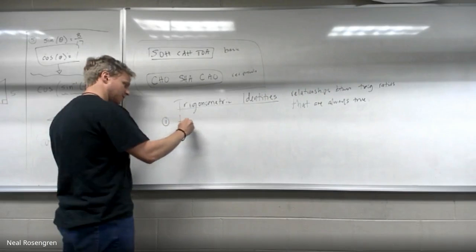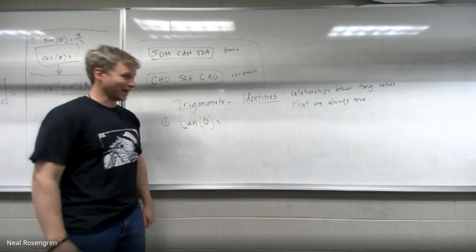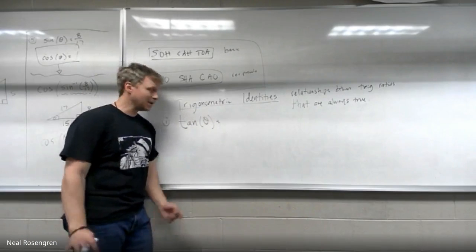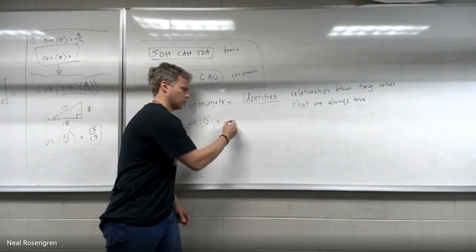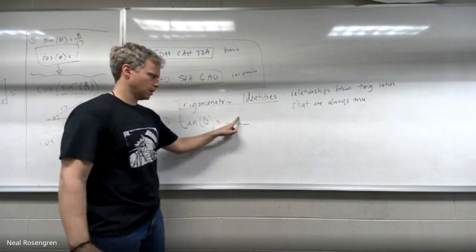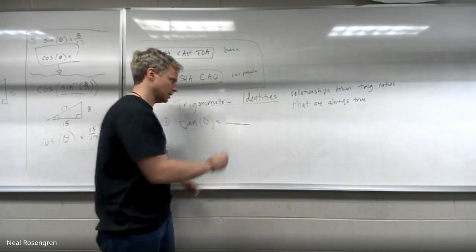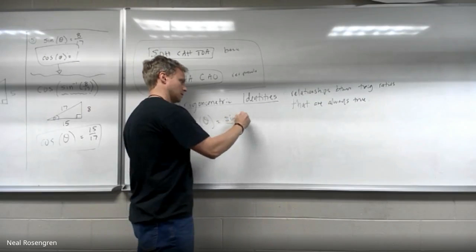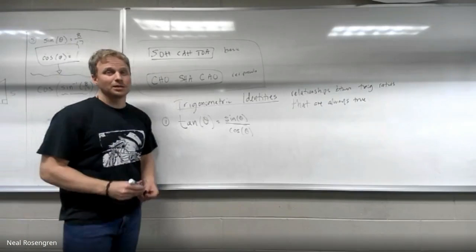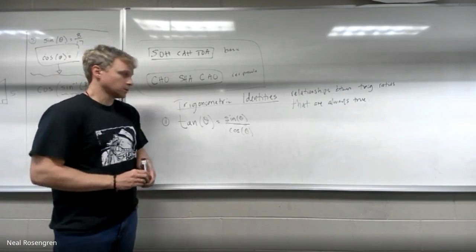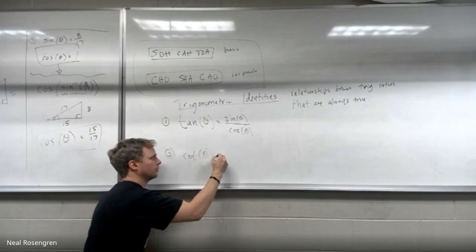And if tangent of theta is equal to y over x anywhere, and sine is y, and cosine is x, well, then tangent of theta is always sine over cosine. Always, always, always. And cotangent is just the reciprocal of that, cosine over sine.